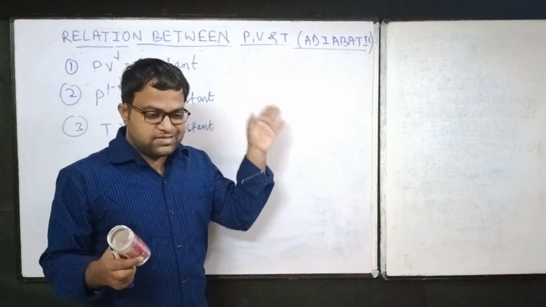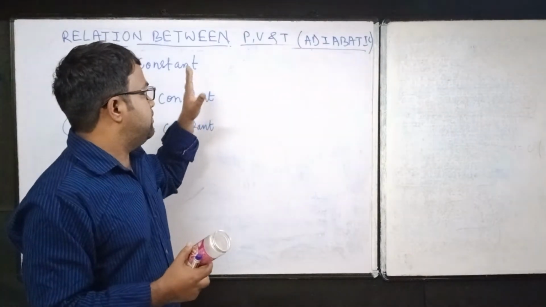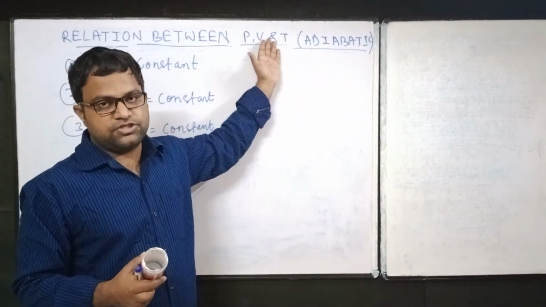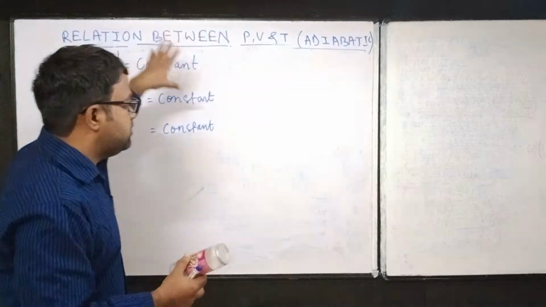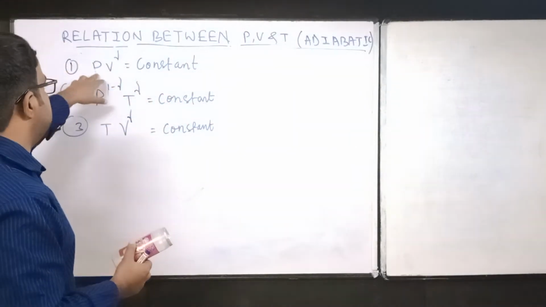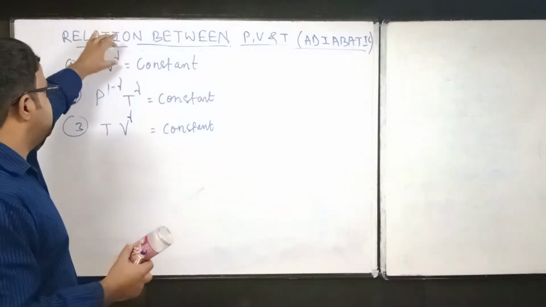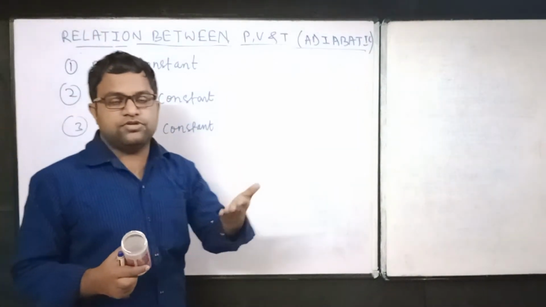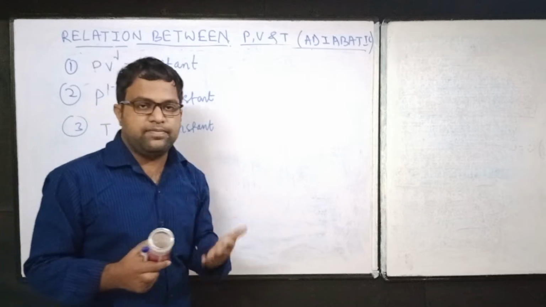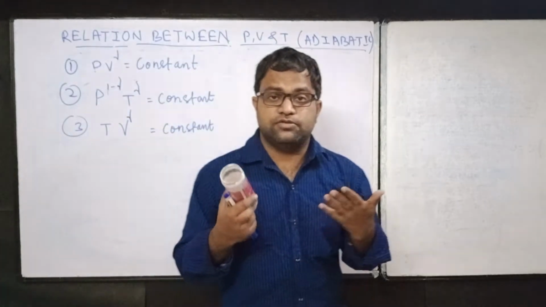So in this adiabatic process, we'll establish the relationship between pressure, volume and temperature, and we'll establish the relationship that P V to the power gamma equals a constant. What is this gamma? Gamma is the ratio Cp by Cv, that is, specific heat capacity at constant pressure and constant volume.